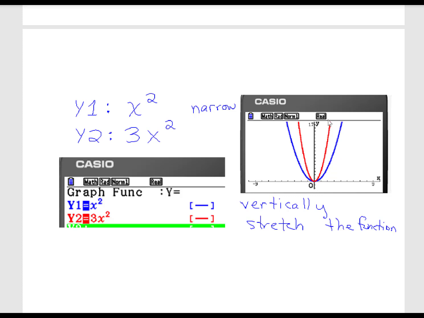What really helped me make that connection was that I was like, oh, it's becoming more narrow because the graph is becoming taller. It's being stretched out vertically. And because of that vertical stretch, think of a rubber band as we vertically stretch it upward, then it would become more narrow.